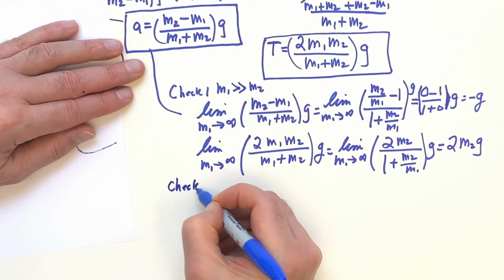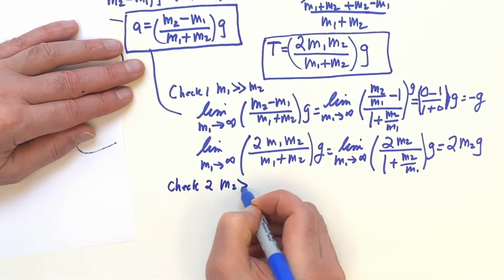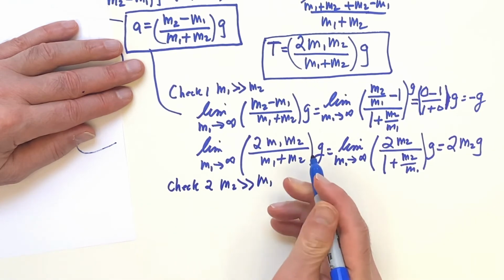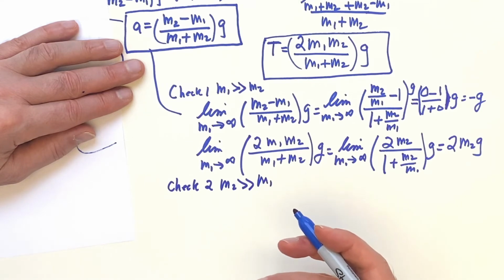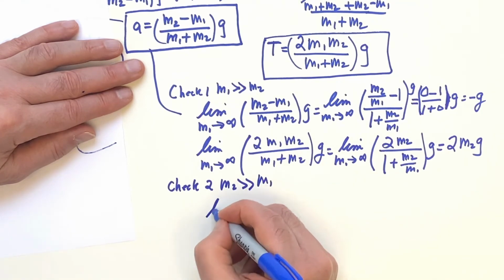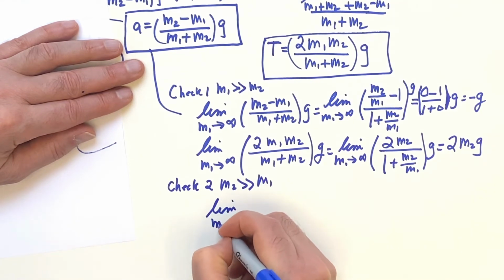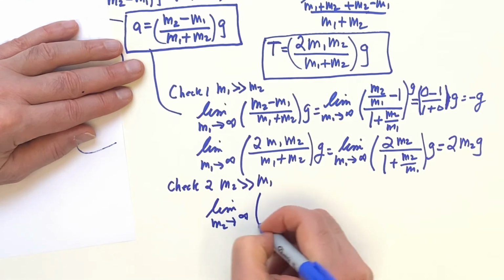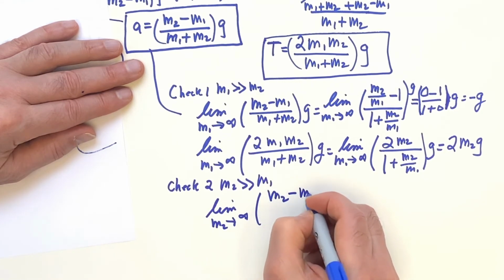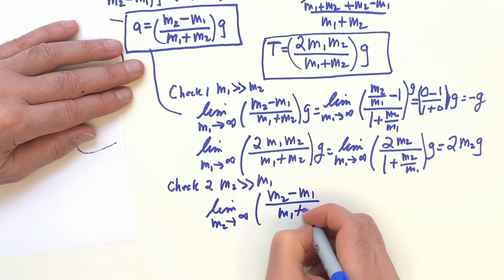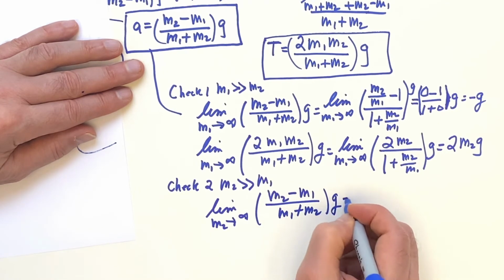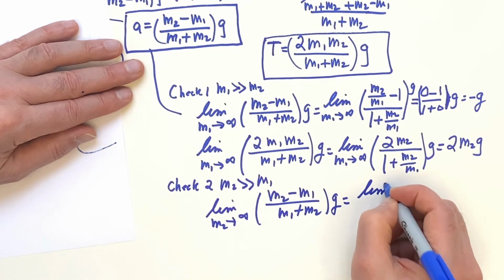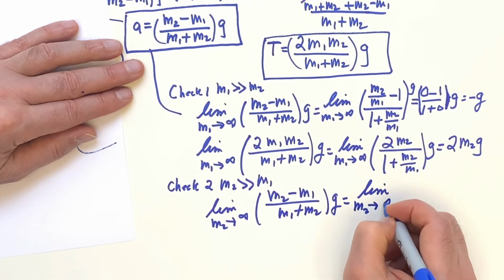And then we do check 2. If the m2 is greater than the m1, will the reverse occur? Well, let's see. If m2 goes to infinity, m2 minus m1 over m1 plus m2, the limit as m2 goes to infinity.